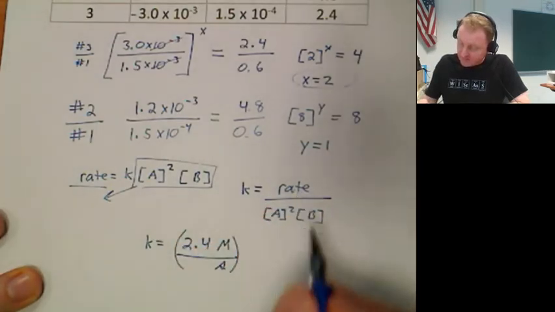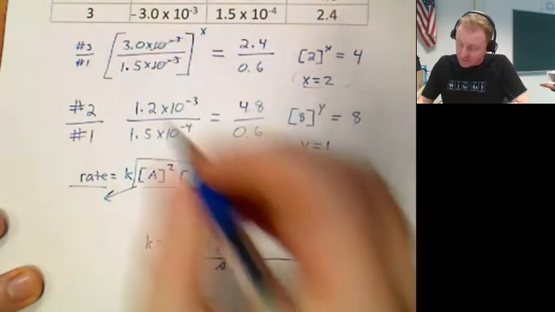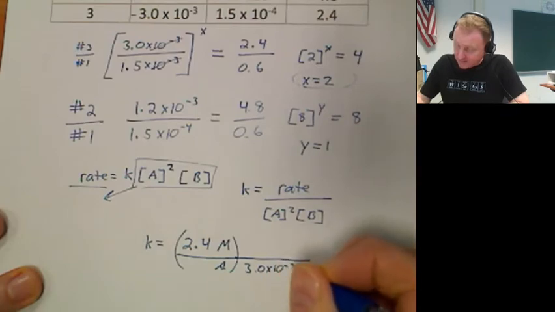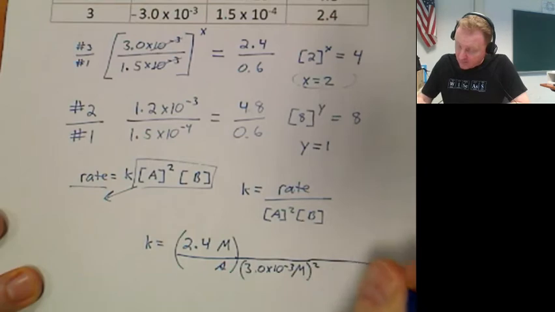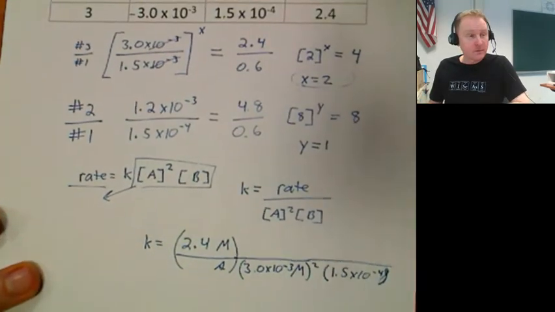That's the rate. On the denominator, I have A squared, which would be 3.0 times 10 to the negative third molarity, squared. Also on the bottom is the concentration of B, 1.5 times 10 to the negative fourth. That's first order, so I just leave it like that.